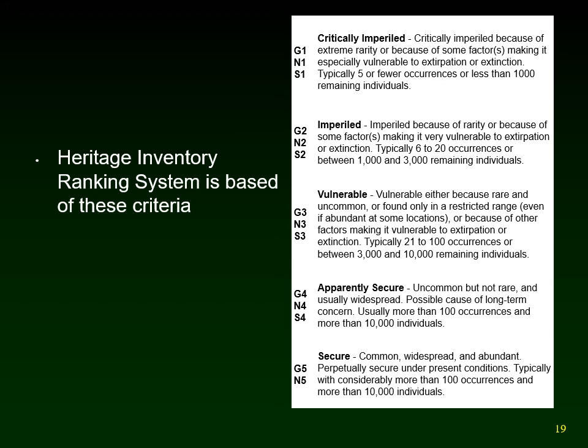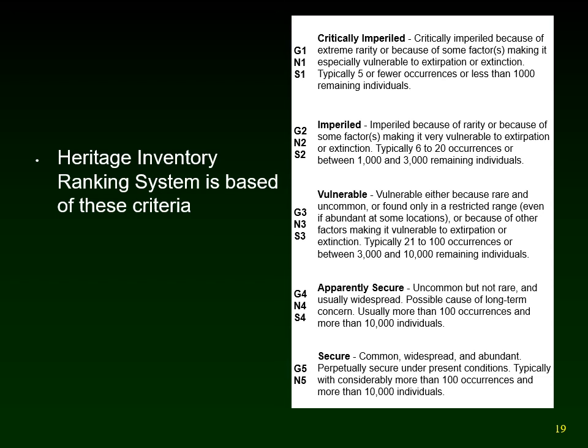The Heritage Inventory System is based on these three criteria, and they're able to rank species on their rarity within a state, but also their rarity nationally and their rarity globally.